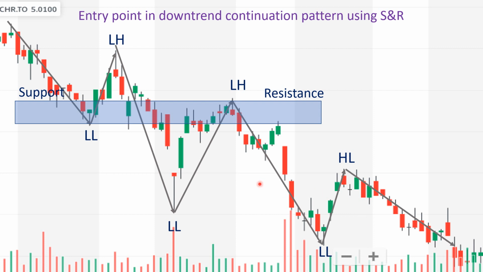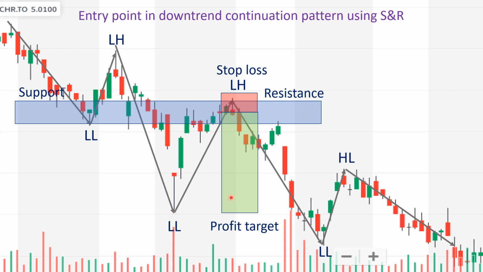We can enter the trade basically at the close price of this shooting star or at the open price of this bearish candle, and we put our stop loss above the resistance, just a little distance above the resistance, and put our profit target below the lower swing low, below this lower swing low.